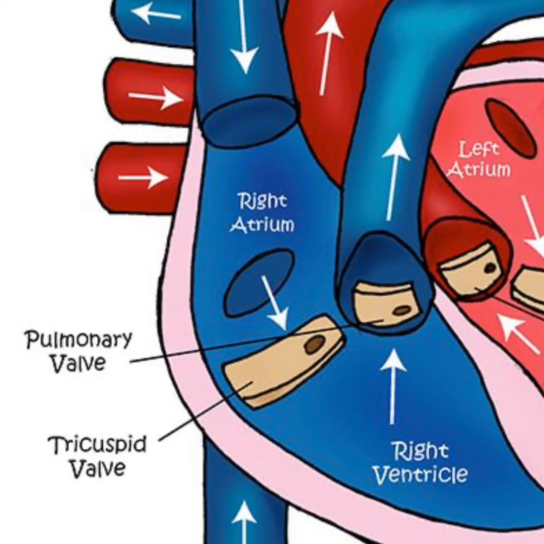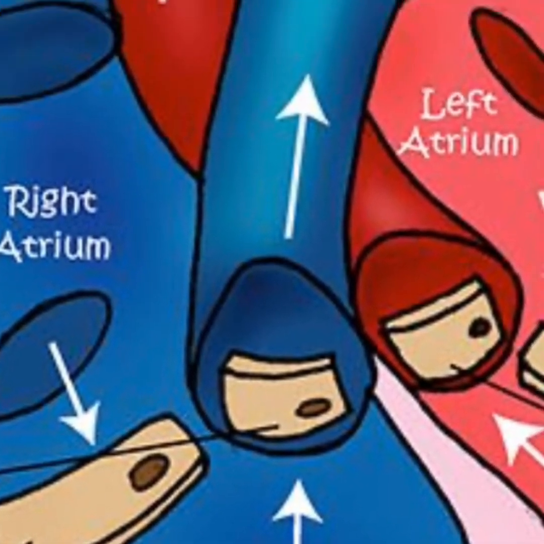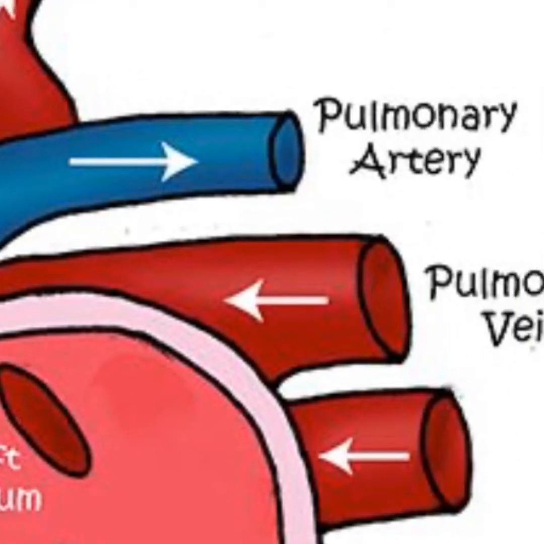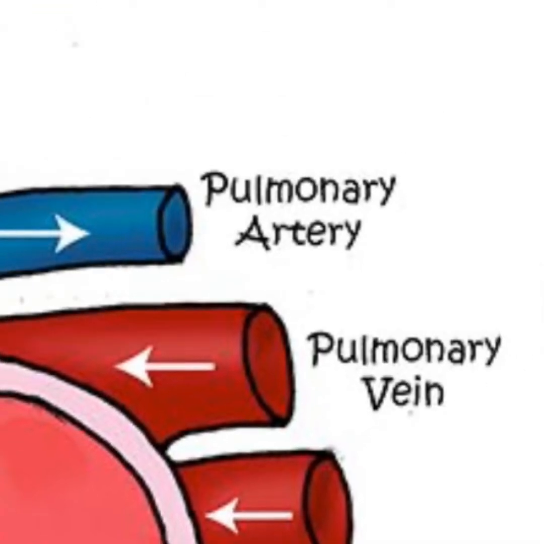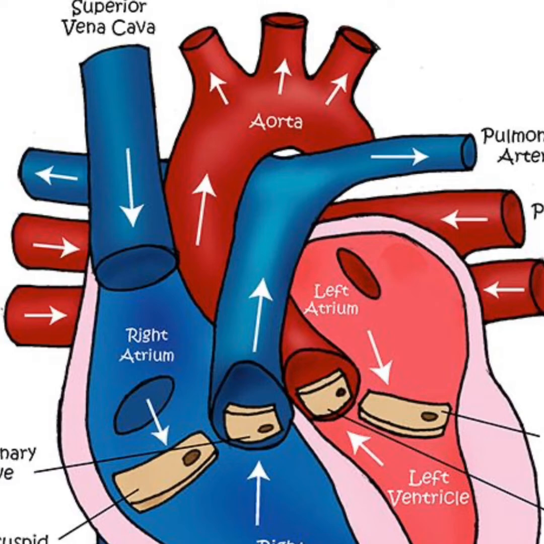Then the pulmonary valve, which is right here, opens and lets the blood flow into the pulmonary artery. The blood flows through the pulmonary artery into the lungs. There are no lungs here, but it flows into the lungs. And then in the lungs, the blood gets oxygenated.